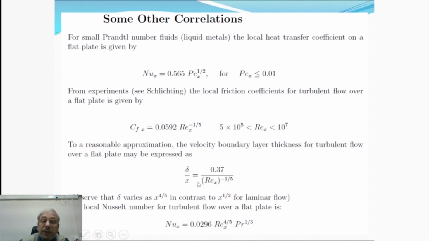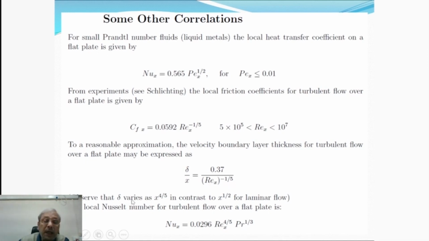See the difference from the laminar boundary layer growth. If we recall, we got delta/x = 5 divided by Rex to the power half. Here we are getting delta/x = 0.37 divided by Rex to the power minus 1/5.